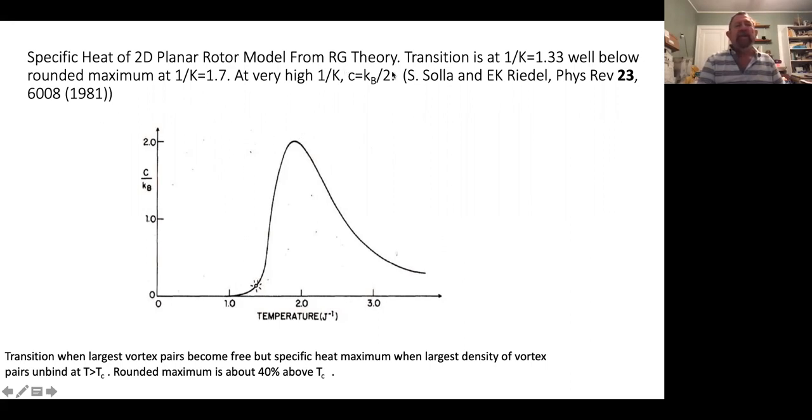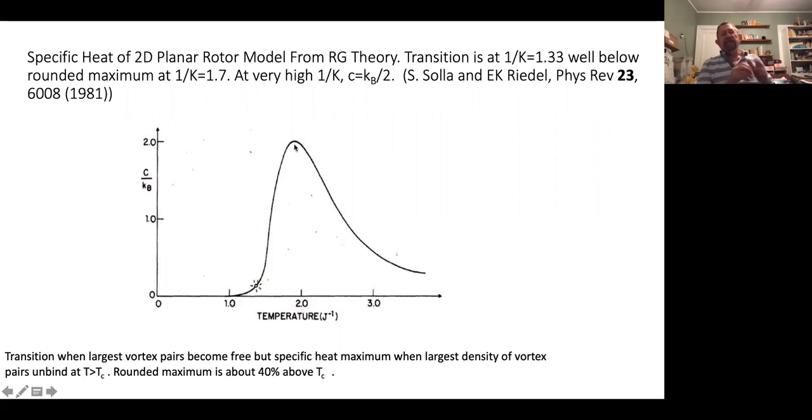We got, Sola and Riedel, and David Nelson, of course, has estimated the specific heat. But everybody agrees that it's of this form with a critical point. The actual phase transition happens there at this star, when the specific heat is just growing, but the peak occurs well above the critical temperature.